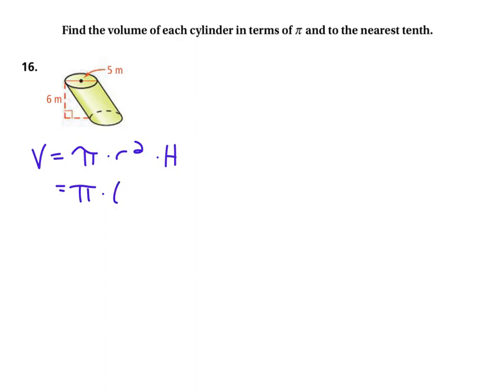So we would say 2.5 squared times the height of 6. Okay? Now I happen to know that 2.5 squared is 6.25, so I have times 6.25 times 6.